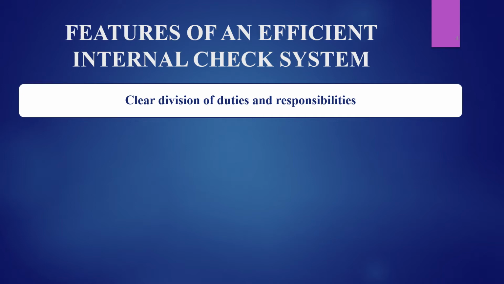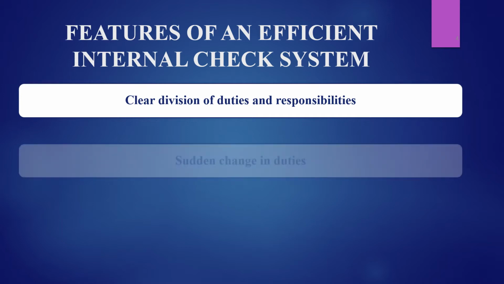So basically, the division of the work amongst the employees of the organization should be such that all the duties, the responsibilities and even the authority that the employees will have for performing a particular task are altogether defined very clearly, and that can be done only if an organization has implemented a very efficient internal check system. And if the person is absolutely clear about his or her work, then of course there will be no duplication of the work, and hence the efficiency of the employees would enhance.